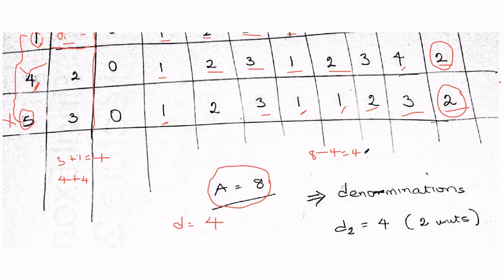The next step is for us to look at this remainder of 4 and see which denomination contributed to this remaining change of 4.